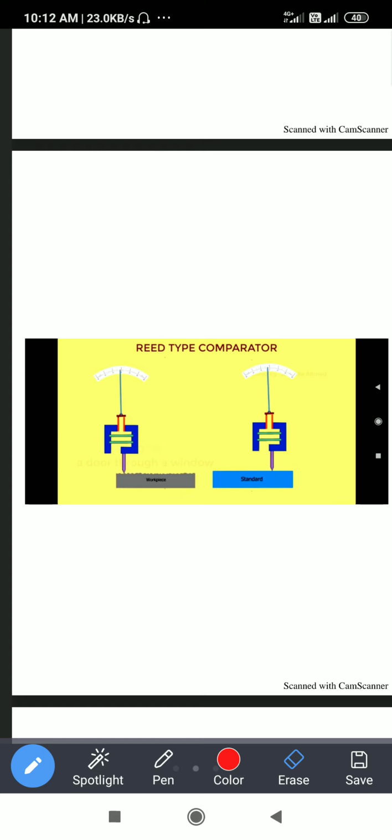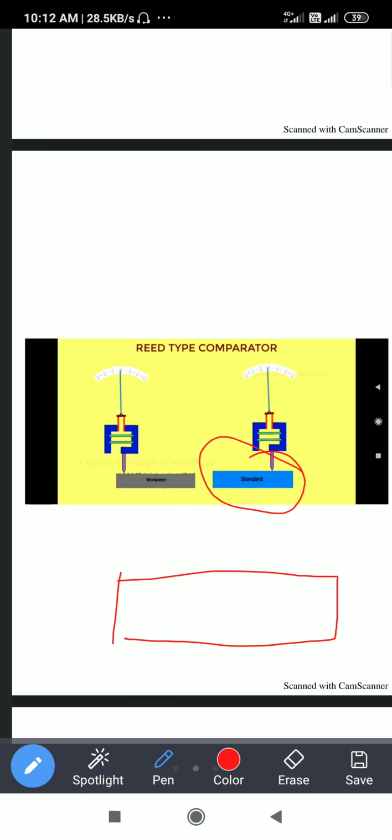You can see in this diagram there is a single comparator, a mechanical reed type comparator. There is a standard, which means a fixed, accurate dimension whose upper and bottom surfaces are all flat.